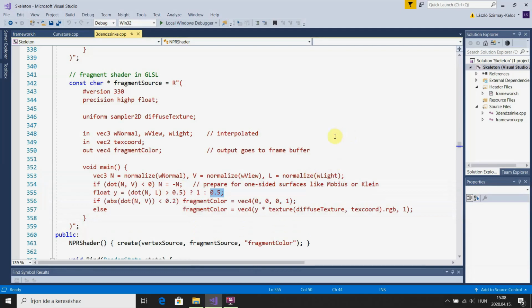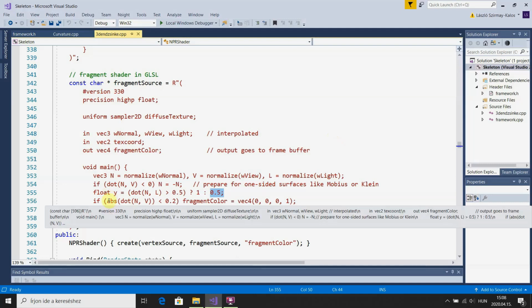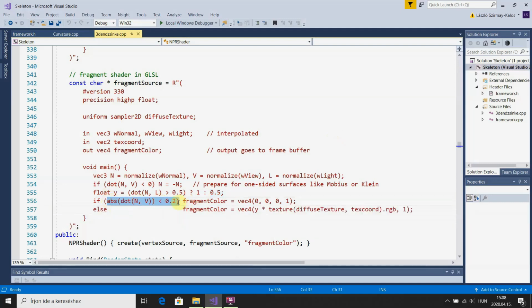So if the cosine is big enough, we use the high intensity color, and if it is lower than 0.5, we use the low intensity color of the same hue. Additionally, we check whether this pixel belongs to a silhouette or not. A silhouette separates front faces from back faces.